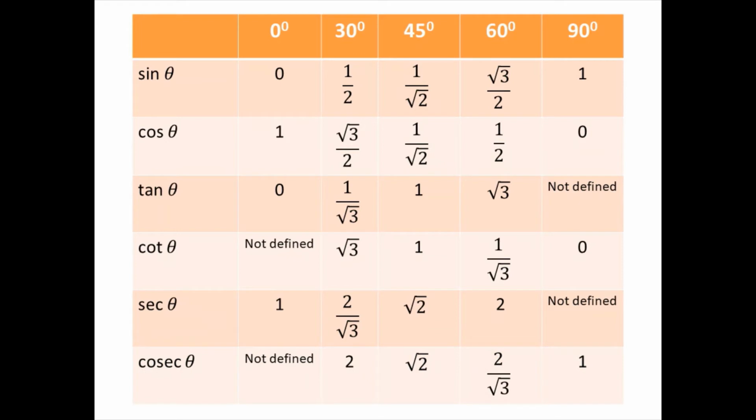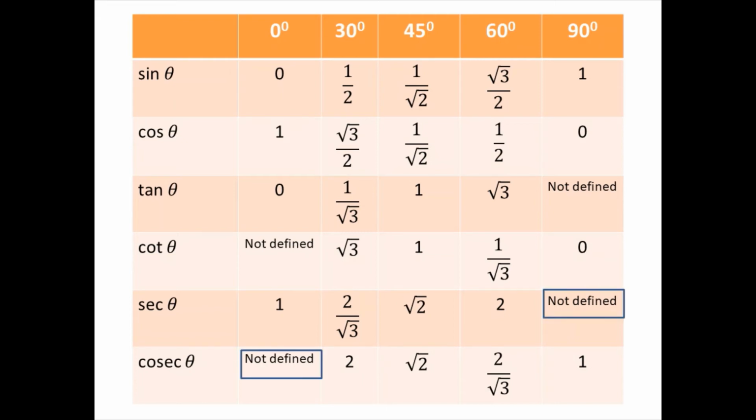Cosecant theta is also the reverse form of the secant theta. Similarly, as cos is the reverse of the sine values, cosecant is the reverse of the secant theta. So secant 90 is not defined, cosecant 0 is not defined.